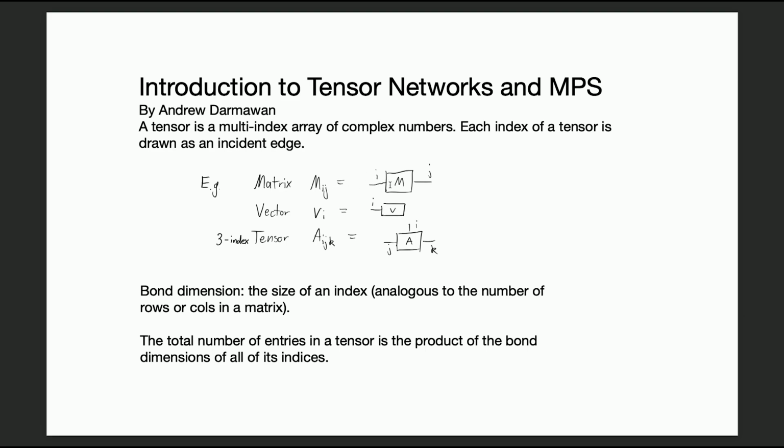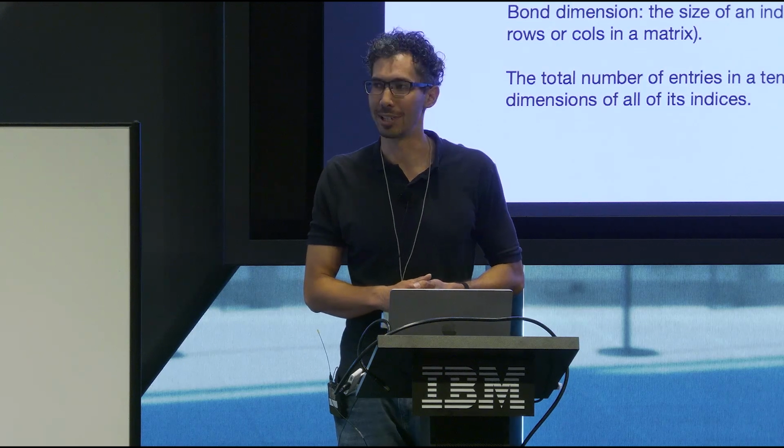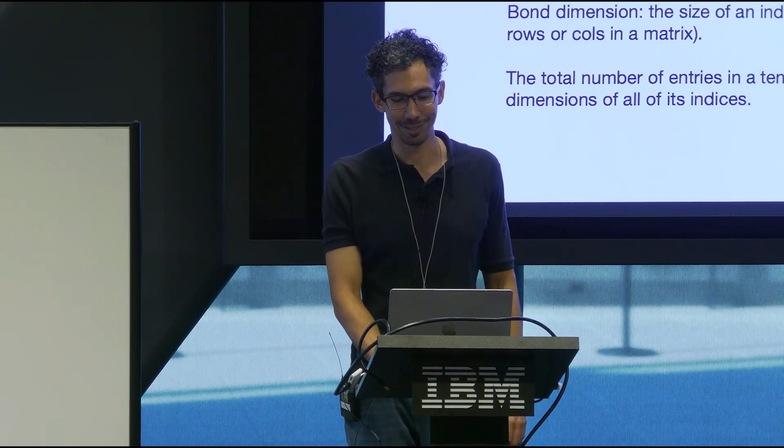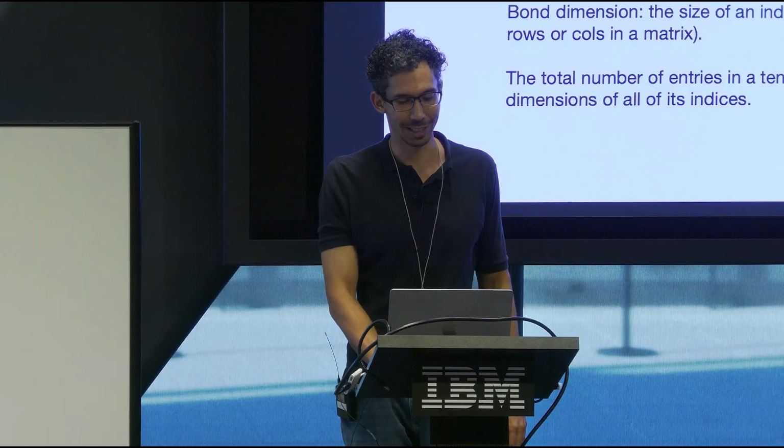So a matrix is just a box with two legs, a vector which you can regard as a tensor with one index is a box with one leg. And then, of course, you can generalize this to tensors with an arbitrary number of indices, an arbitrary number of legs.